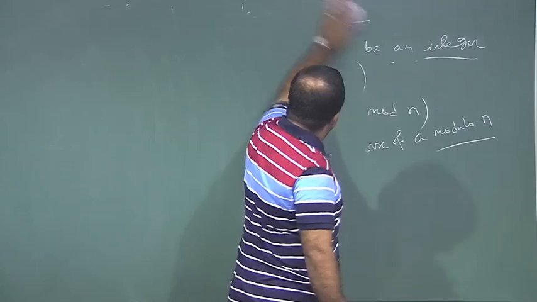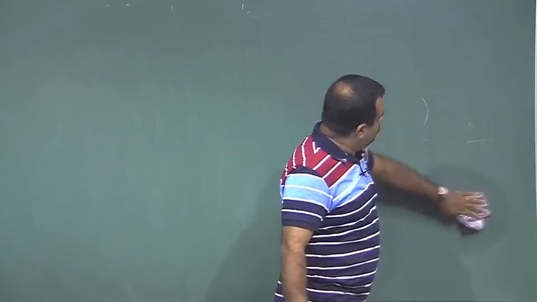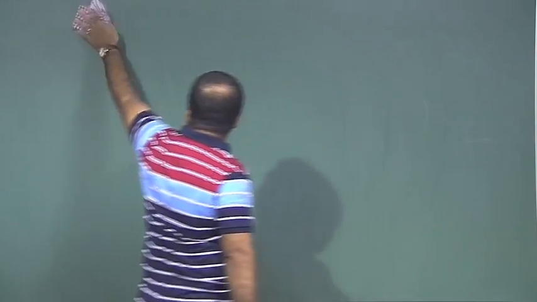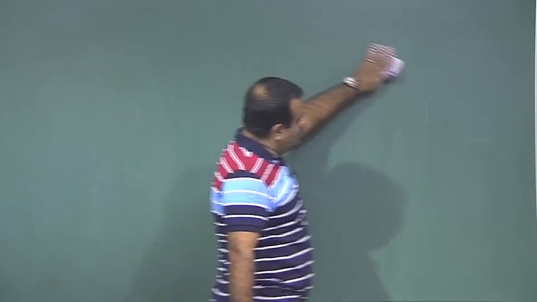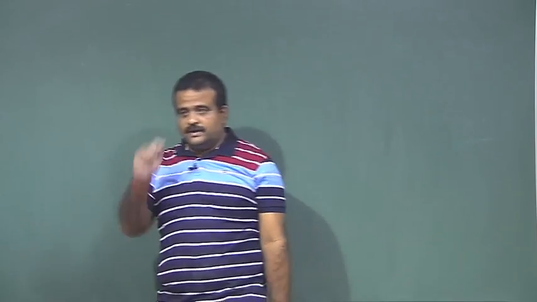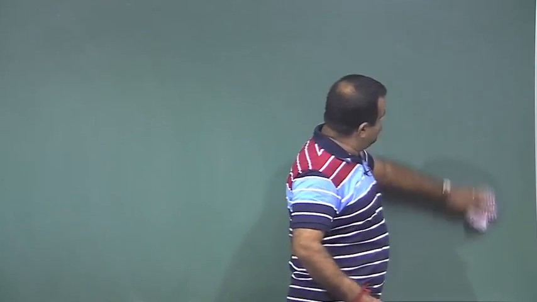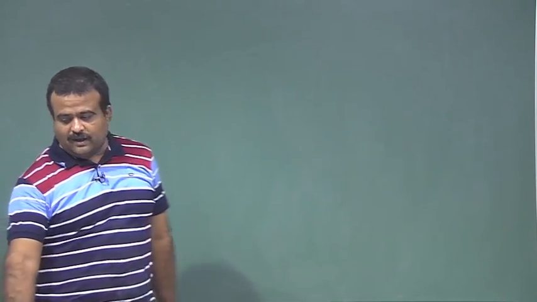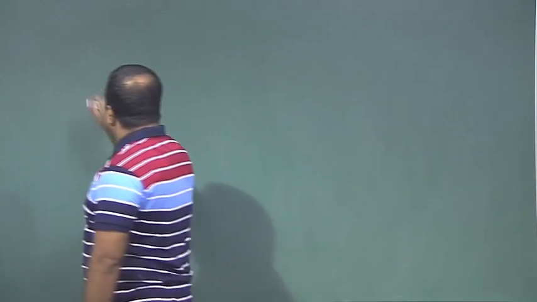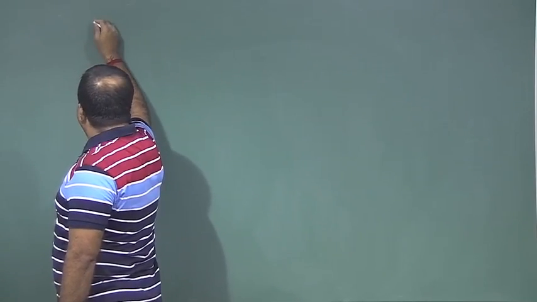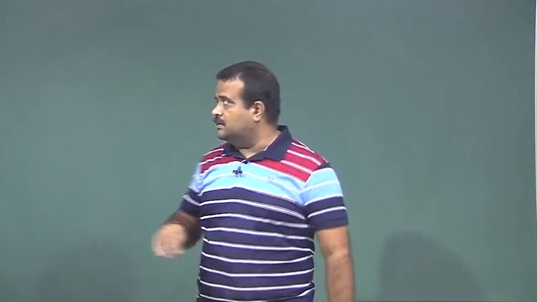For existence of the inverse, we know that a must be relatively prime with n, so we need to know how to find the inverse. This comes from the Euclid algorithm.